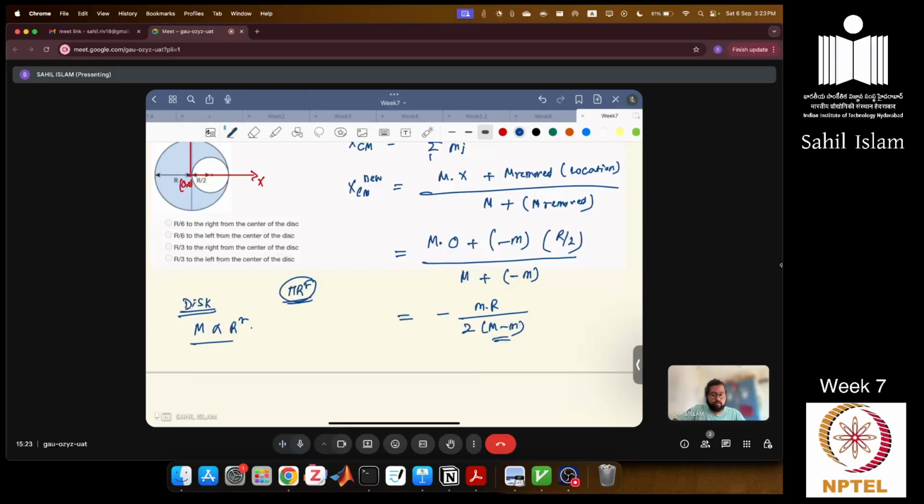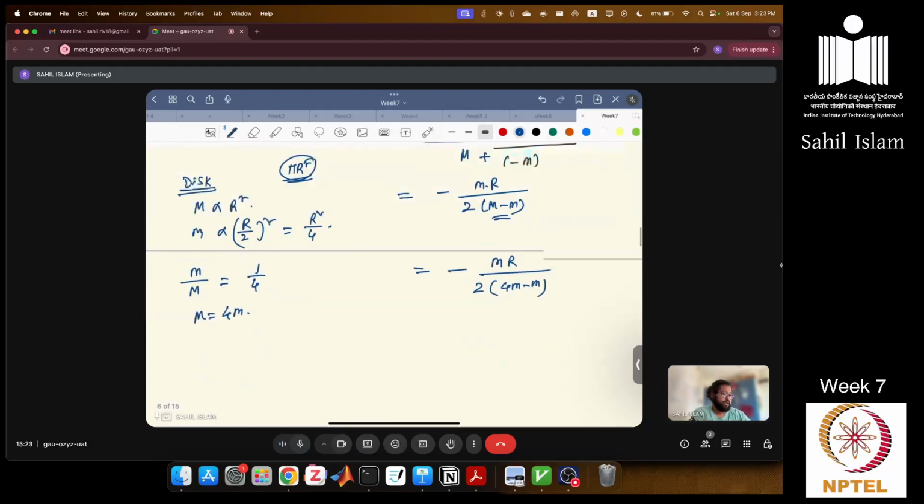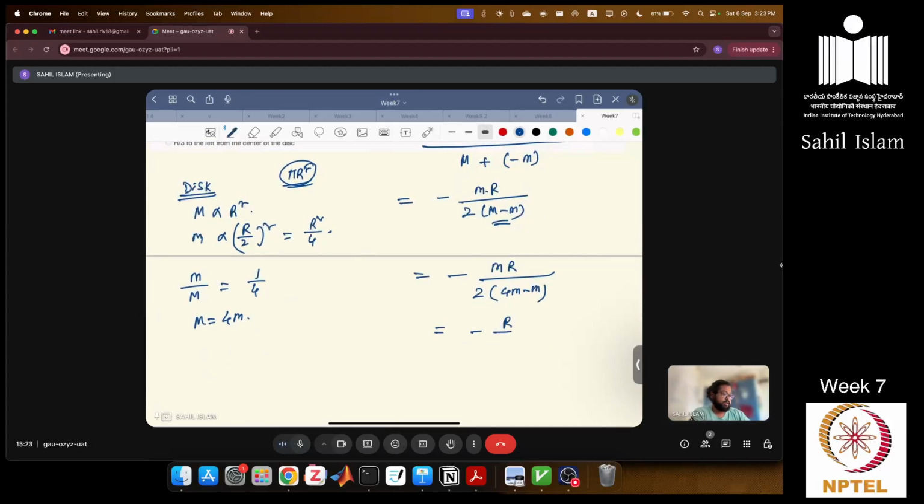Now small m, the amount removed, is proportional to r by 2 square, which is r square by 4. So small m by capital M is 1 by 4, sorry. So capital M equals 4 small m. So from here we put this into 4m minus m, so 3m, so minus r by 6. So this is x cm new.